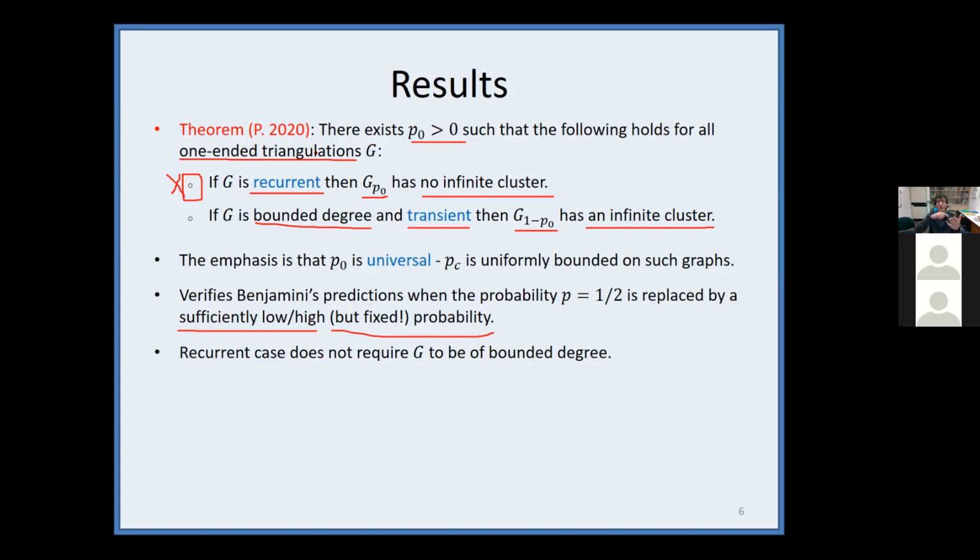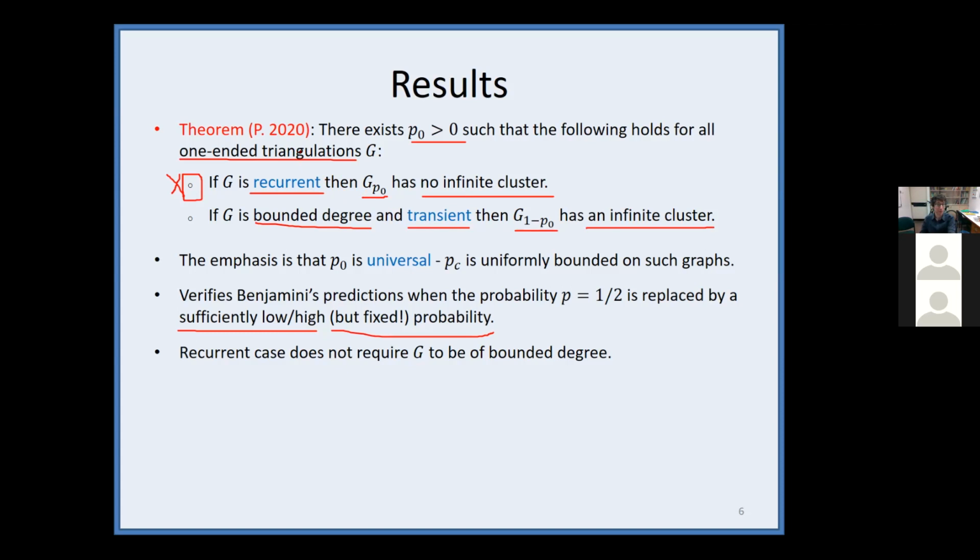If it's not a triangulation, then you cannot connect. In order to create an infinite cluster, things have to connect together. If it's not a triangulation, circles don't connect. Maybe your graph is just a line, then nothing will go to infinity.